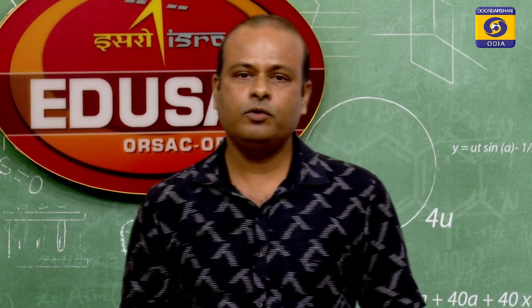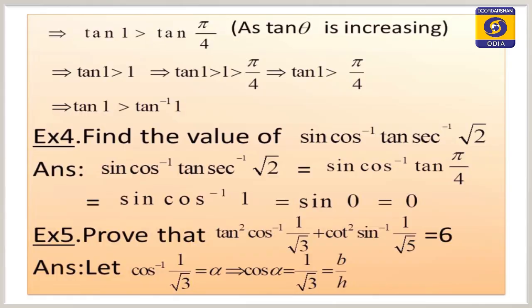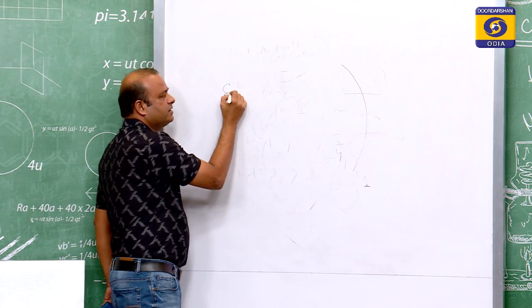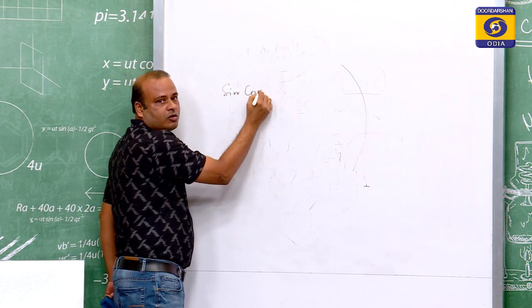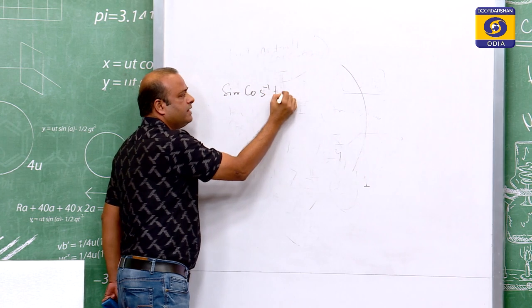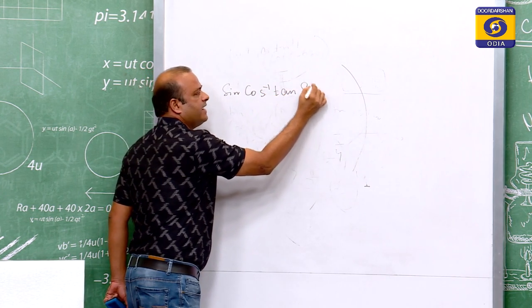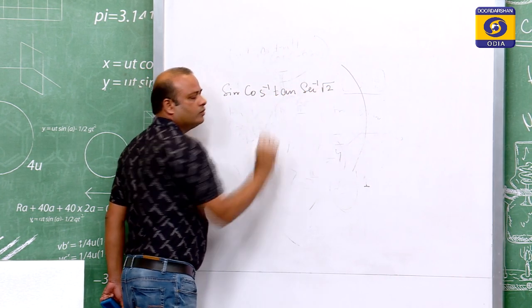So, next example is, find the value of sine cos inverse tan sec inverse root 2. This type of problem you have to solve from backward, that is sine, cos inverse, tan, sec inverse root 2.